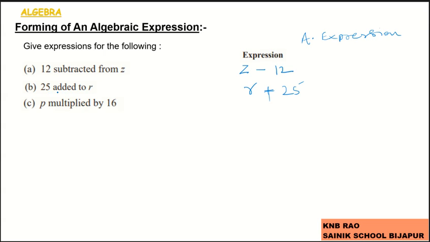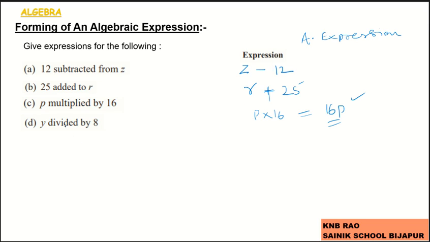Now p multiplied by 16, both of them are multiplicants. So p is multiplied by 16, that is p into 16, or it can be written as 16p. So this is how we write. Another example is y divided by 8.